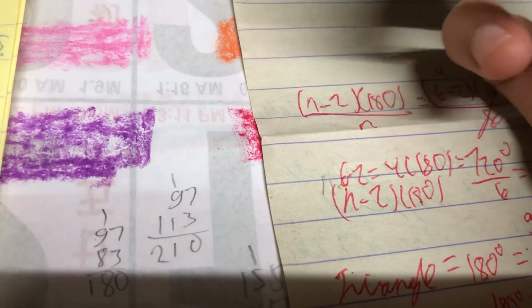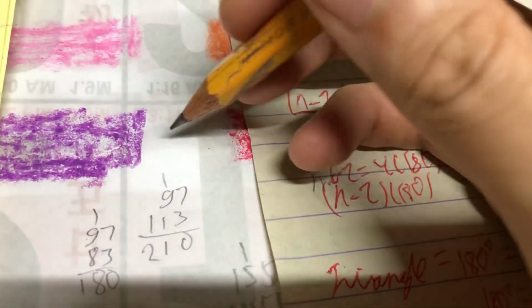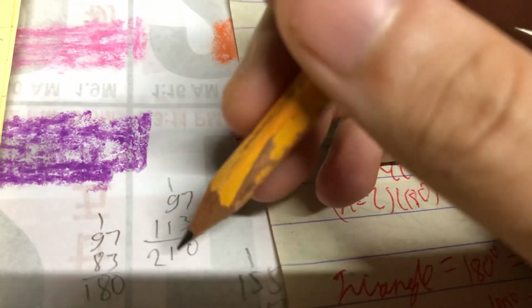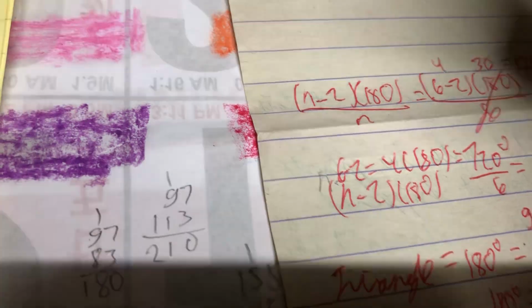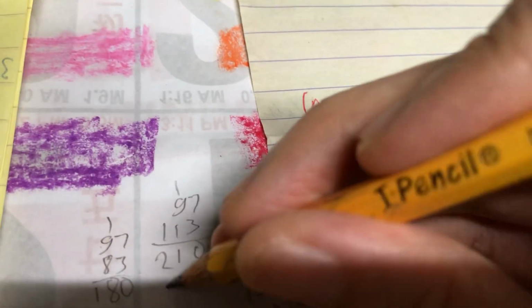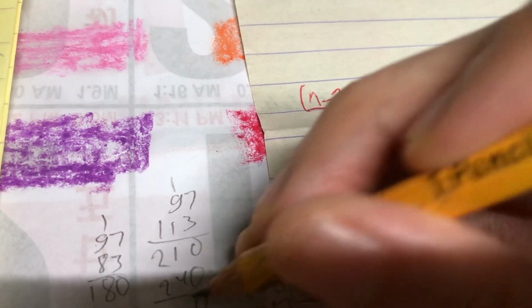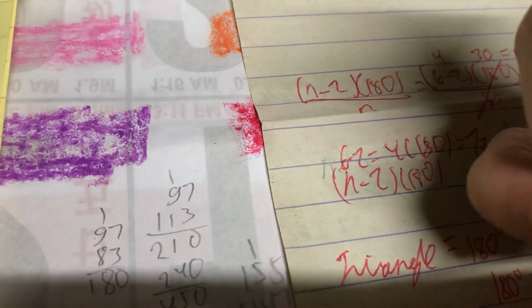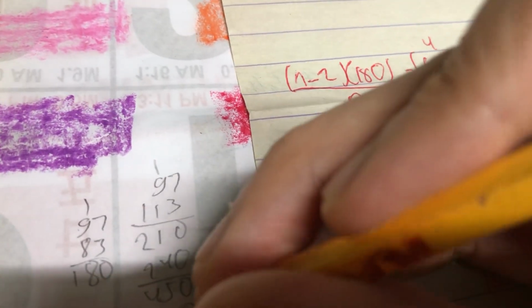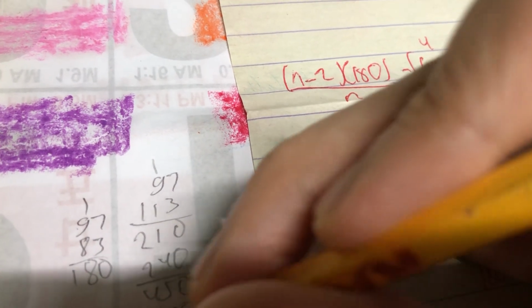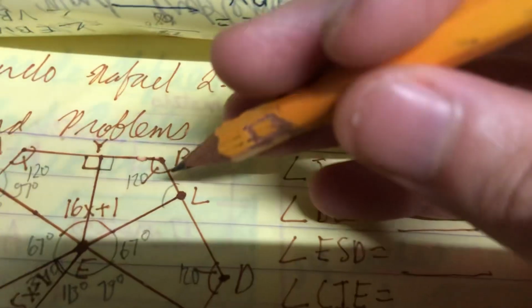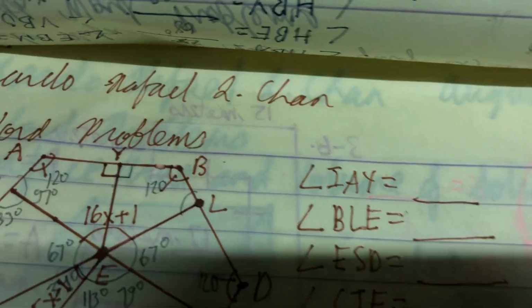Very good. 210. And then 210 plus the two 120s, that's 240, right? This should yield 450 degrees. Right? 450 plus 90 equals 540. Now, we still need to look for that remnant angle here.